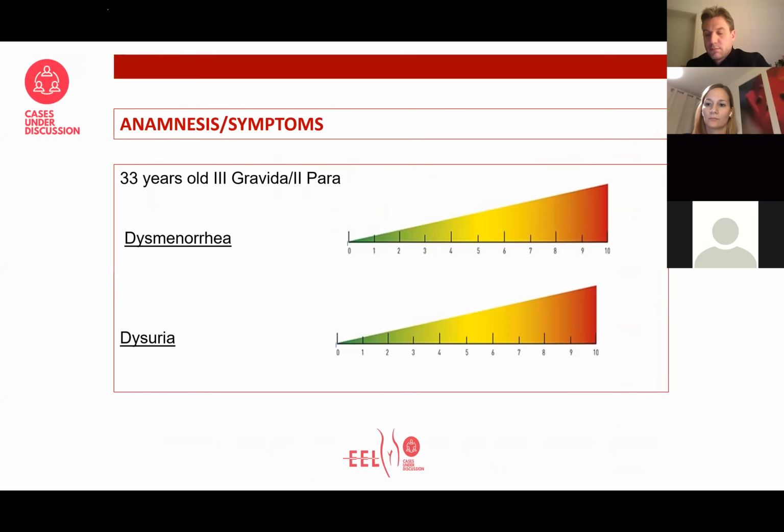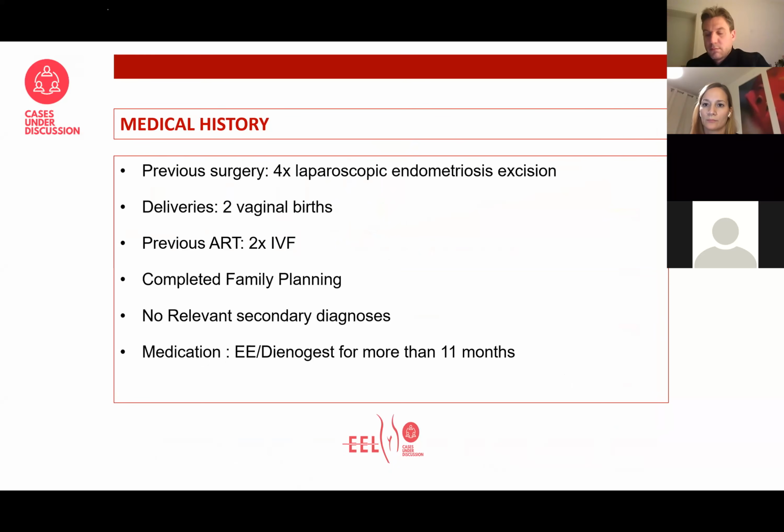Yes. Okay. So the first case is a case of a 33 years old patient, 3 gravida, 2 para, with dysmenorrhea with a score of 7 from 10 on the visual analogue scale, and dysuria 4 from 10. From the medical history, the patient had 4 laparoscopic endometriosis excision surgeries.